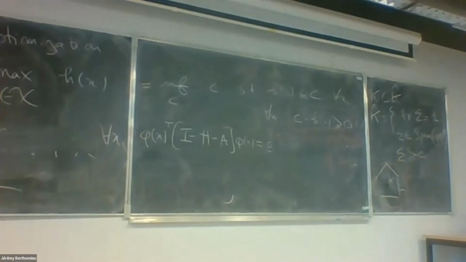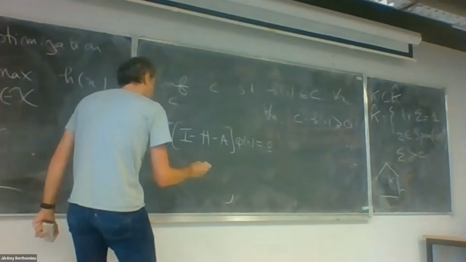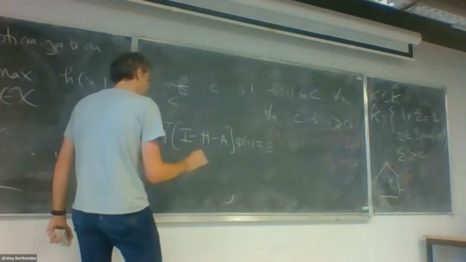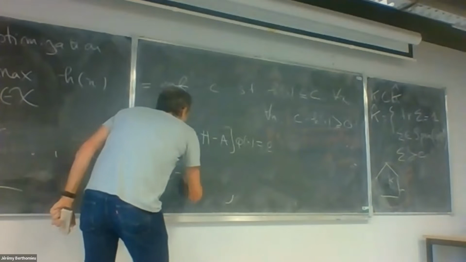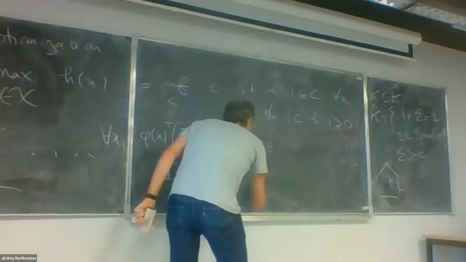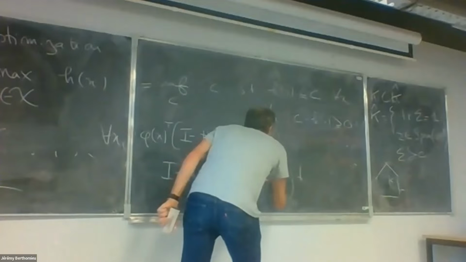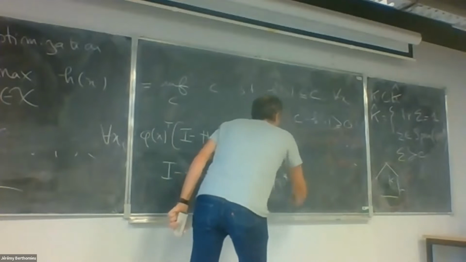So this is equivalent to that. And the way I write it, essentially I minus h minus x is inside the orthogonal of the span of T.